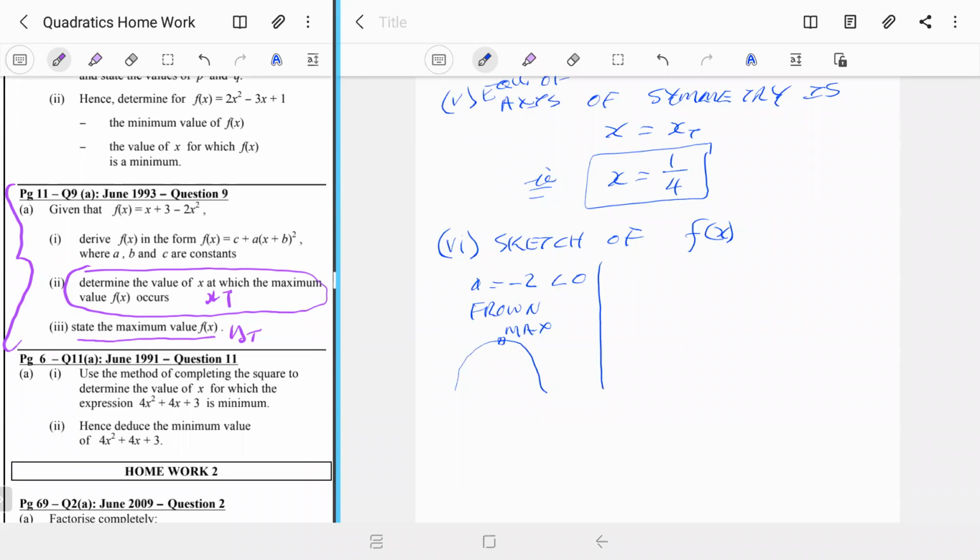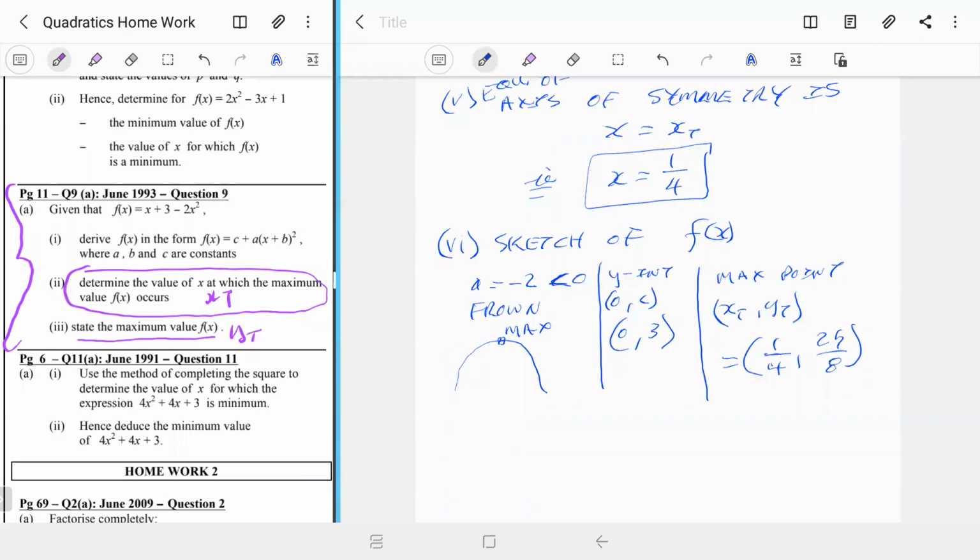We already know the y-intercept is the point 0, c, which we just said is the point 0, 3. I'll get these from the standard form. And from the vertex form or turning point form, we know the maximum point has coordinates xt, yt, which is a quarter and 25/8.